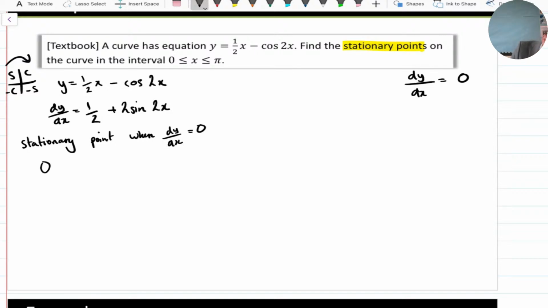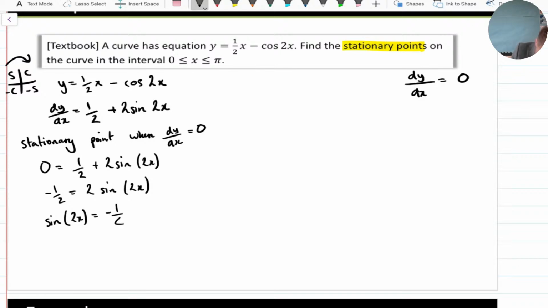So we're going to set this equal to 0. 0 is equal to a half plus 2 sine of 2x. Let's take that half over. So we're going to end up with minus a half is equal to 2 sine of 2x. Divide by 2. I'm going to take the sine over to the other side as well. So sine of 2x is equal to minus a quarter.